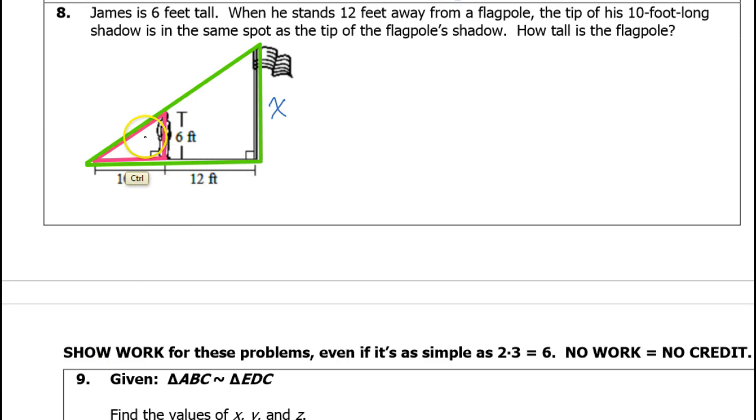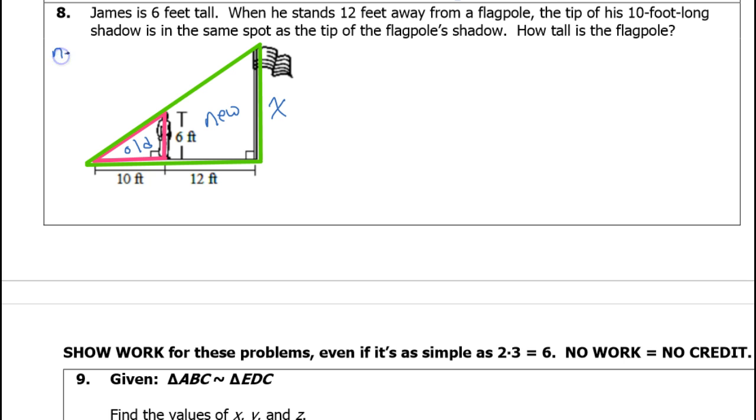Alright, so that forms two similar triangles, this small red triangle and this large green triangle. I'm going to consider the small triangle as being the old triangle, and the large triangle as being the new triangle.